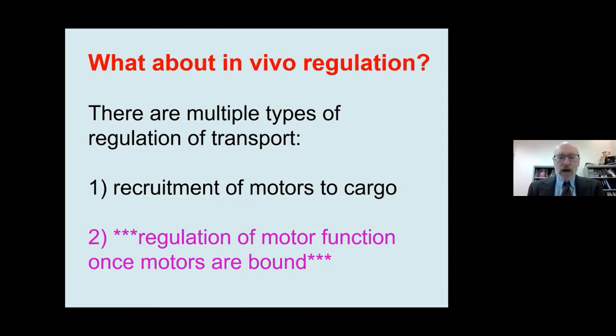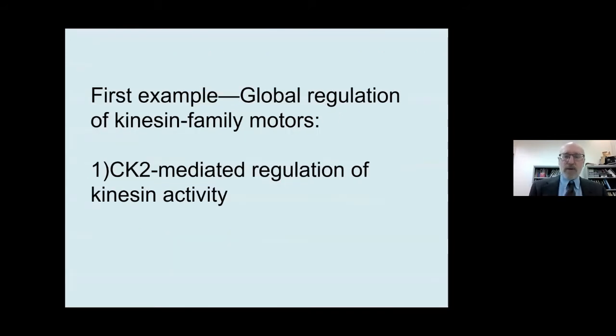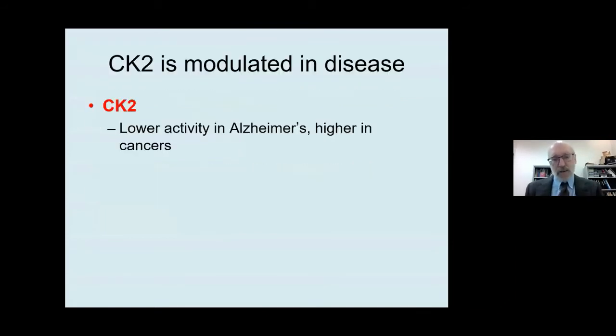So let me talk some about regulation, and we'll talk about a couple of different vignettes of how you might regulate motor function. The first example is global regulation of kinesin family motors, via a protein called CK2, which is casein kinase 2. It's a kinase, and CK2 is interesting, among other things, because its levels and potentially activity change in a variety of diseases.